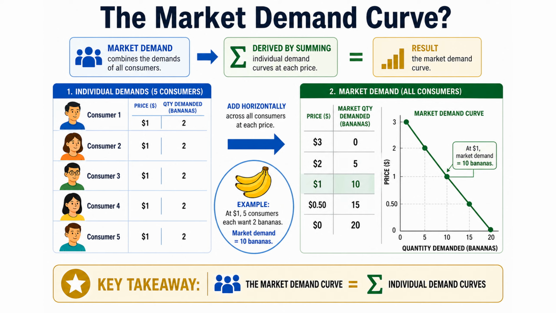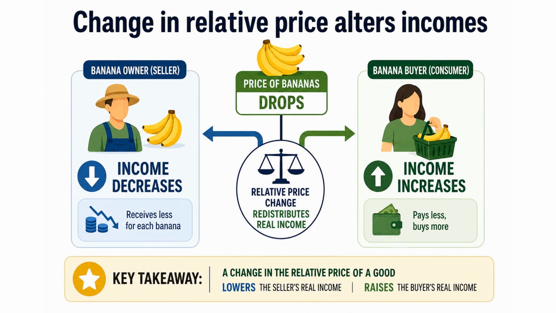Once that is clear, the next step is change in relative price alters incomes, because it develops the next piece of the same argument. When the price of one good changes, it can affect the income of different consumers. Put more directly, a change in the relative price of a good can alter the real income of consumers, impacting their purchasing power and demand.